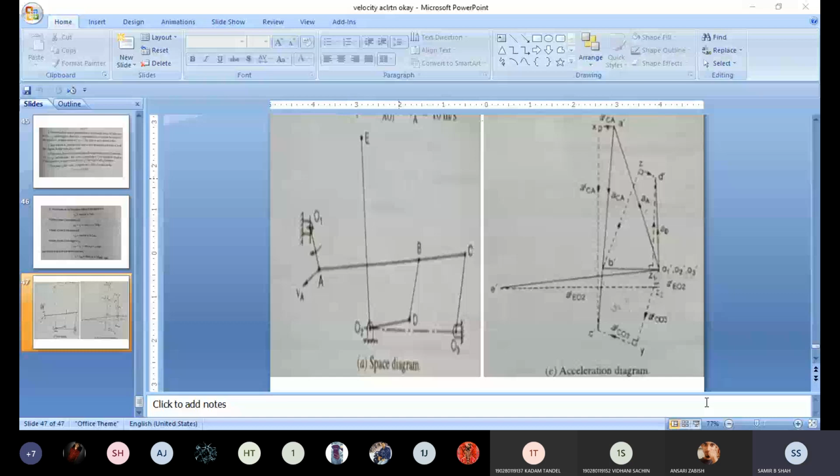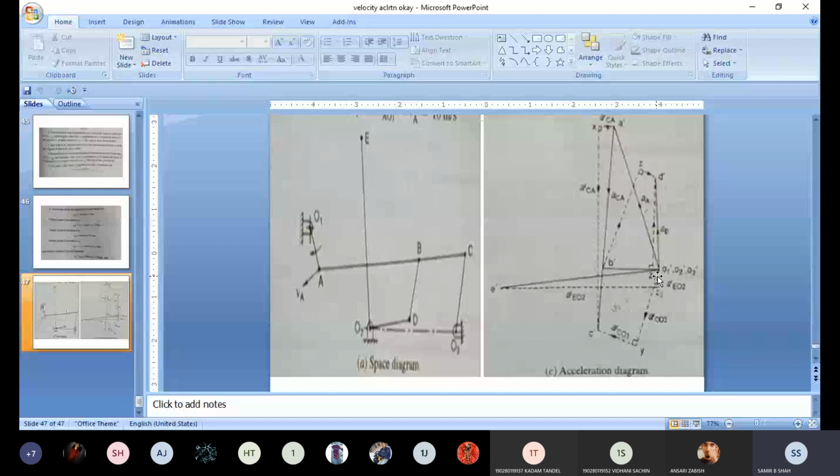Okay, I repeat, O2 dash E dash by O2 dash D dash is equal to O2E by O2D. You get some dimension perpendicular to this link, or we have another method, that we can draw the radial part from O2. You can just draw the radial part from the O2.